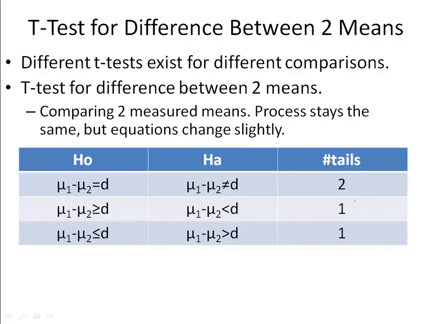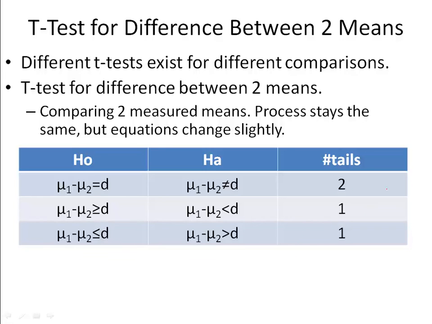So there's three possibilities again. Let's say we have observation 1 and observation 2. The mean of 1 minus the mean of 2 is equal to some difference d, would be our null hypothesis. And our alternate is that it would be not equal to d, and that's for a two-tailed test.